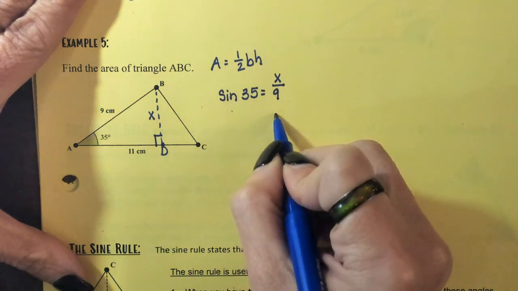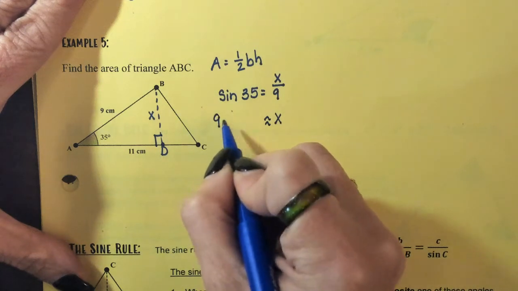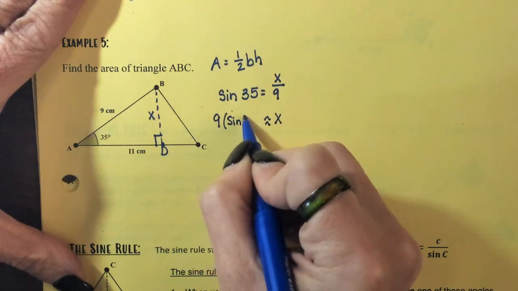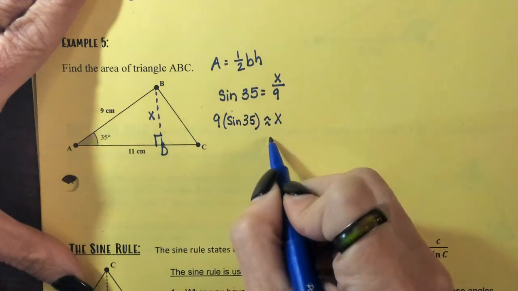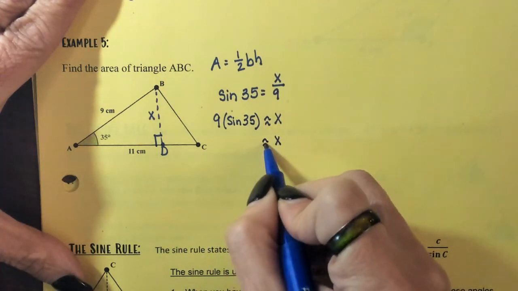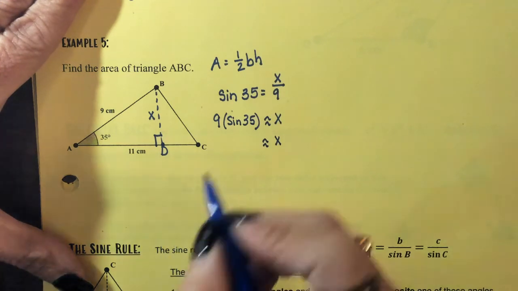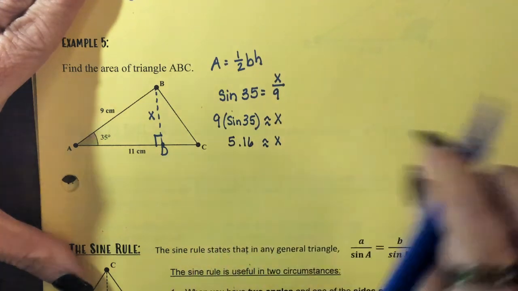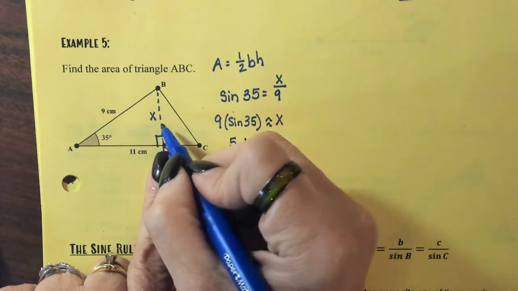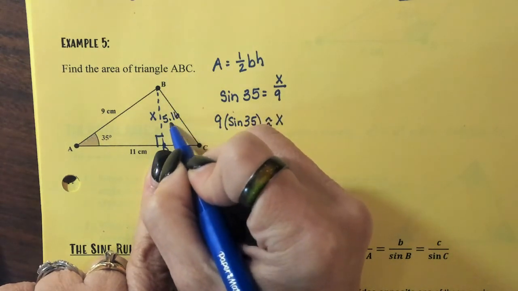Alright, so let's say that X is approximately 9 times sine of 35 degrees. So 9 times the sine of 35 degrees is 5.16. Okay, so now I know this right here is 5.16. Underline it.